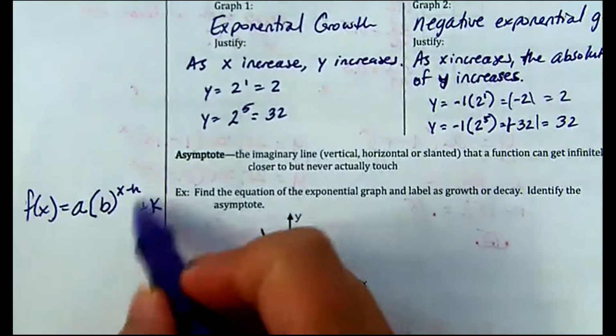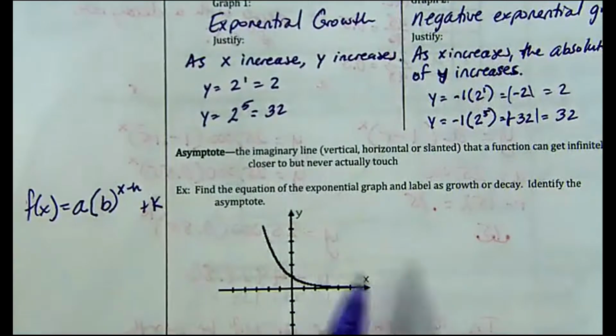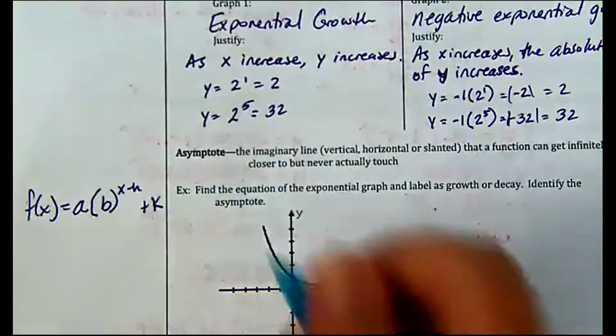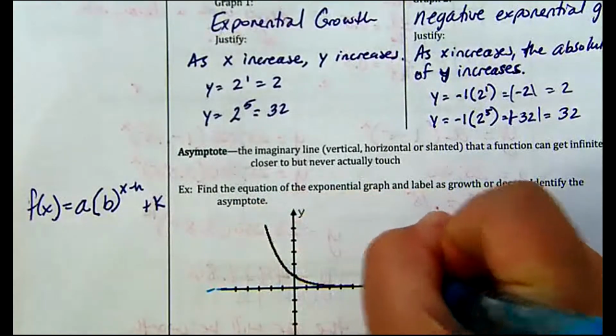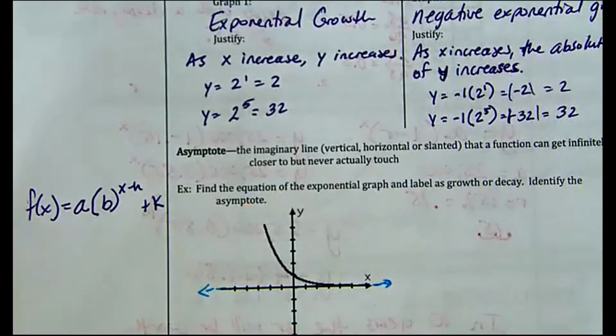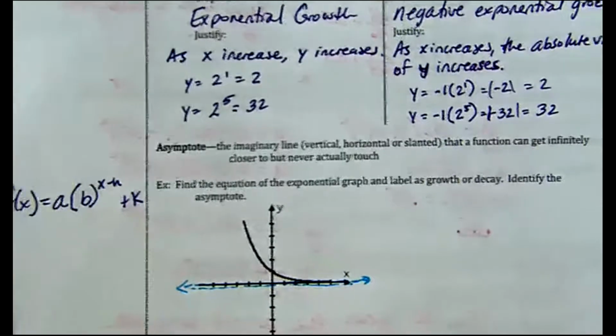So if I had a plus k, then my asymptote would change from that y equals 0 line here. Okay, but until I have a k, the asymptote here for an exponential function is my x-axis here, okay?